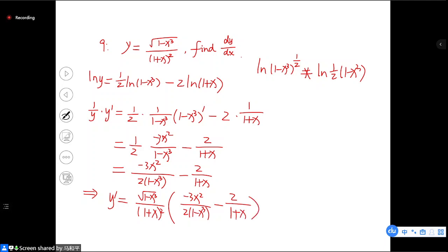Here. This one. Let me see which one is right.